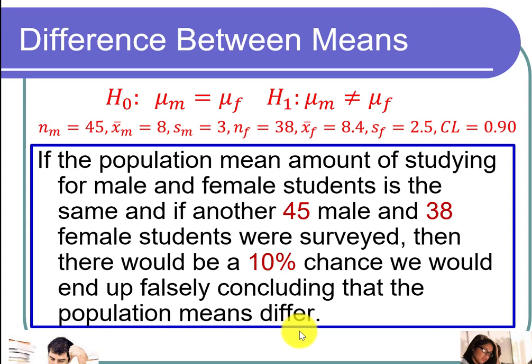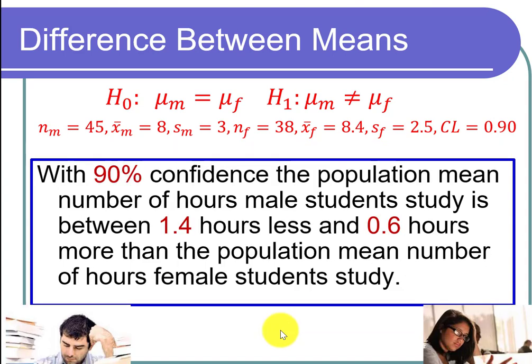So it's always the same. If the null hypothesis is true and we did the similar study, then the level of significance is the percent chance that you're going to end up falsely concluding that H1 is true. This is the same thing as a type 1 error. So now let's talk about the confidence interval. So if you remember, our confidence interval went from negative 1.4 to positive 0.6.